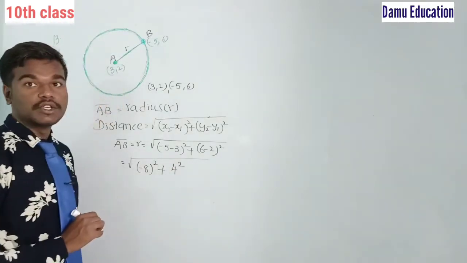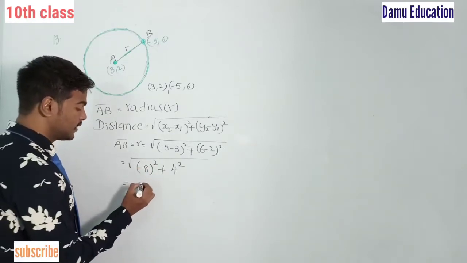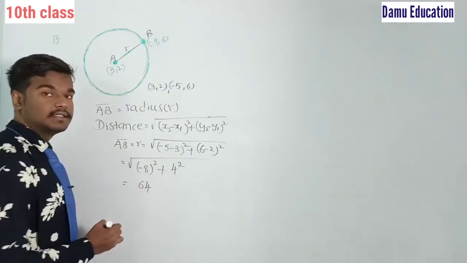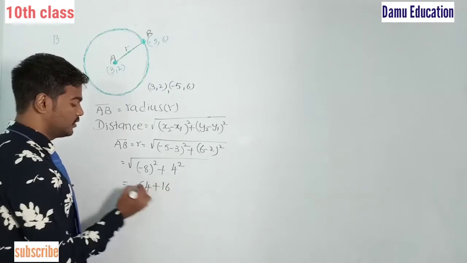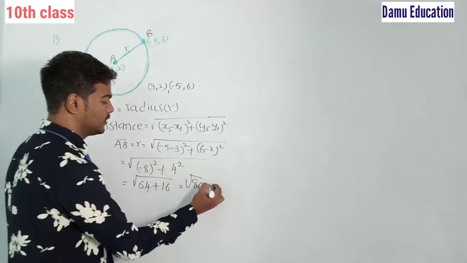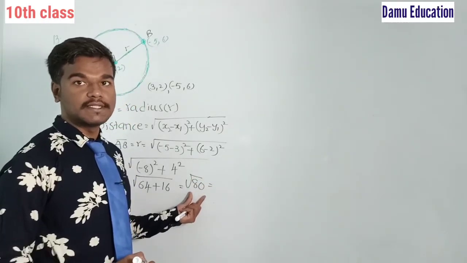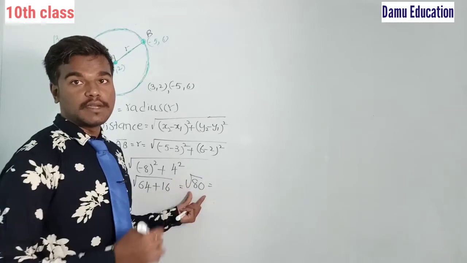What value are we getting here? 8 8s are 64, then 4 square is 16. We get 80, the square root of 80. We have to write the square root of 80 as a perfect square times some other number.